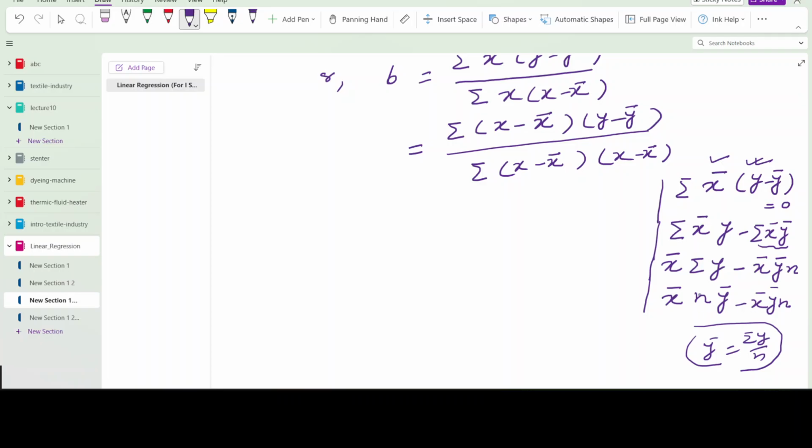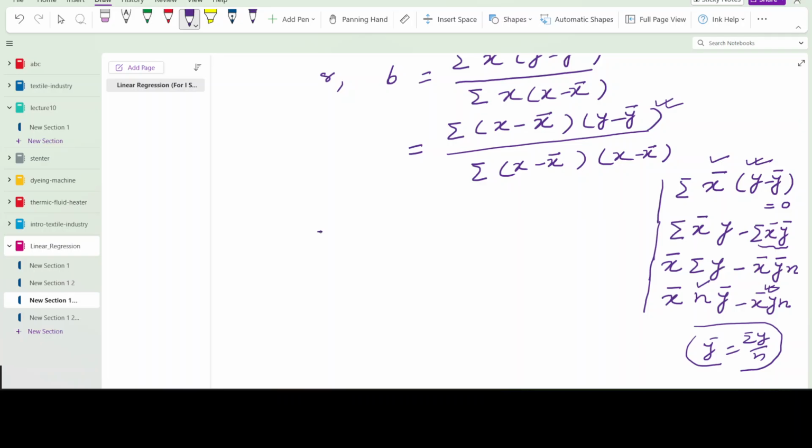Thus we can see here these both terms are same, and so addition or subtraction of extra term is not changing numerator, and likewise extra term added or subtracted will not change denominator.